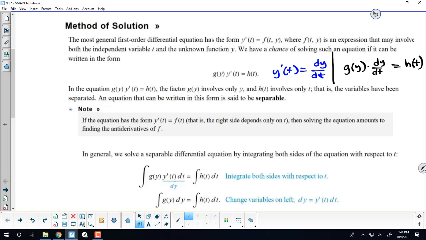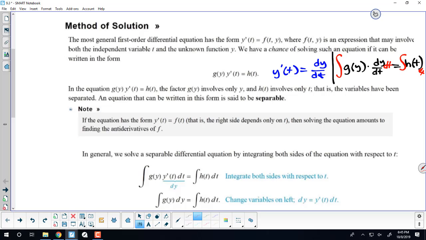So when we integrate both sides, we integrate with respect to the same variable. We're not going to integrate one side with respect to y and the other side with respect to t, because that disturbs the equation, right? It disturbs the balance. But if we say, all right, I'm going to integrate both sides of this with respect to t. All right, I ran out of space.